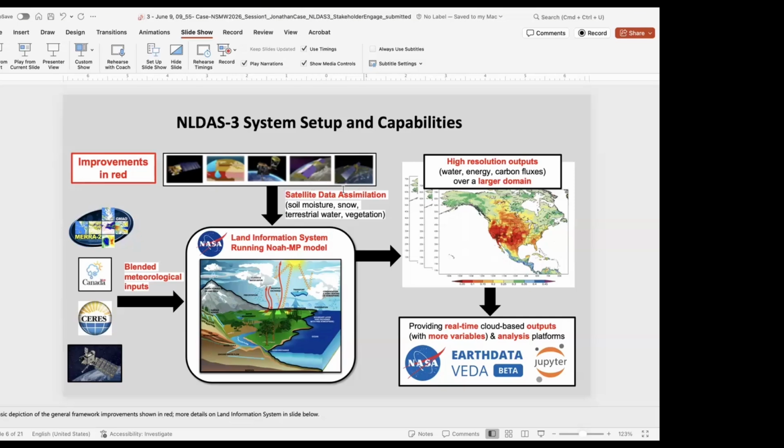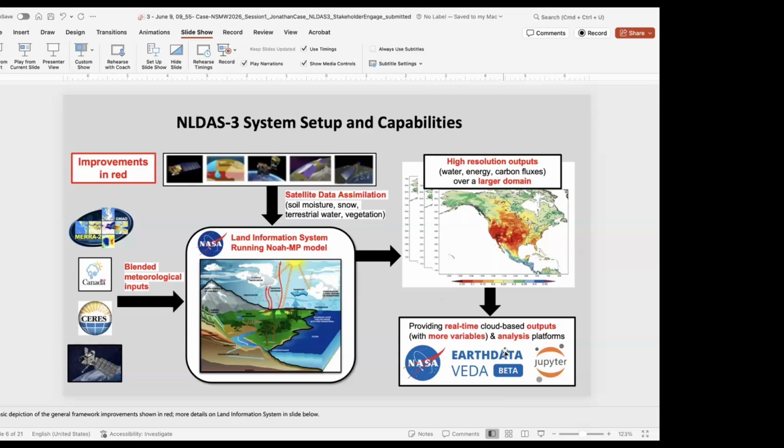And we are assimilating remote sensing data: soil moisture, an AI-informed snow water equivalent product, terrestrial water from GRACE, and vegetation leaf area index from MODIS. That's all being assimilated into the land model to produce high resolution outputs of water, energy, and carbon fluxes over this entire North America domain.